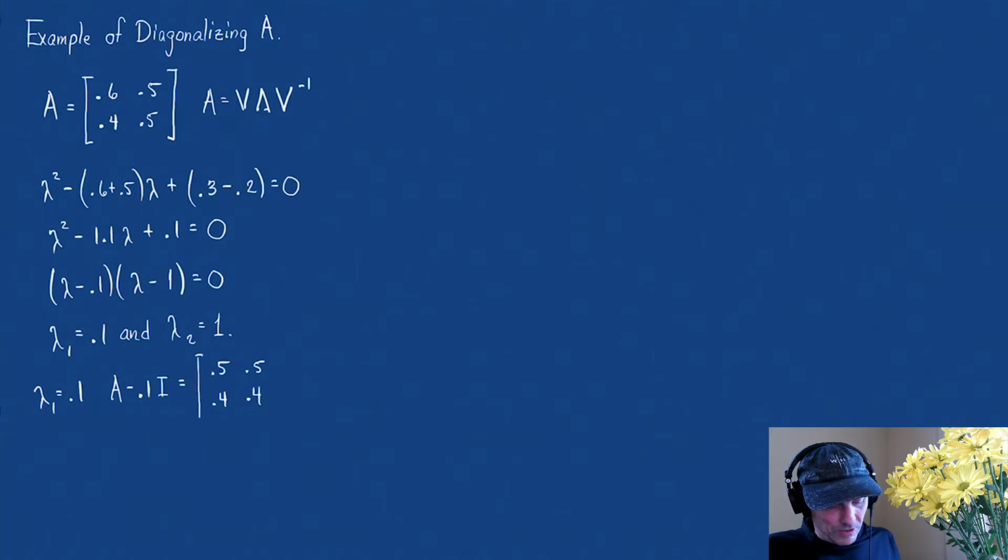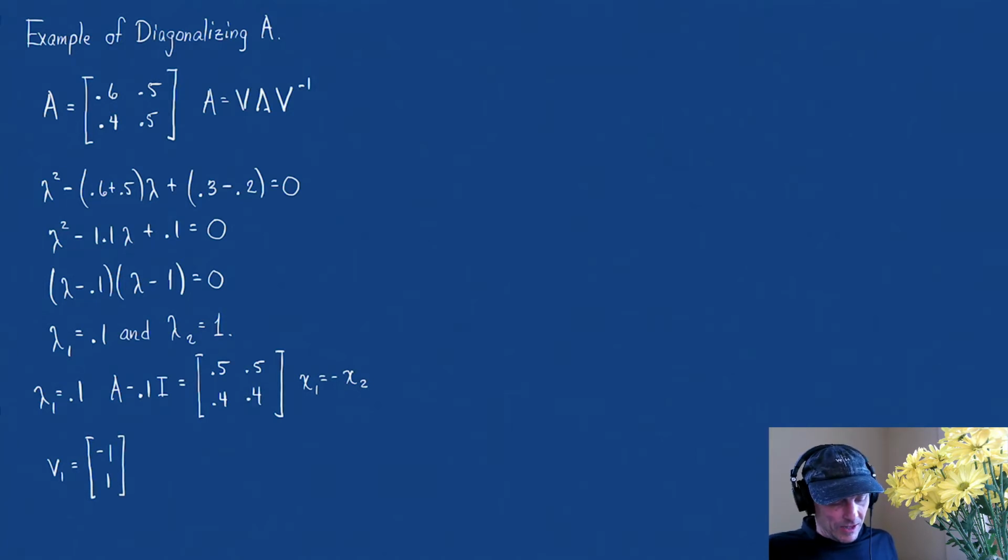Notice that the second row is just a multiple of the first row. You could row reduce that if you wanted, but what you're going to find is that x1 is equal to minus x2. In other words, that gives rise to the first eigenvector of minus 1, 1. You could choose others, but let's use that.